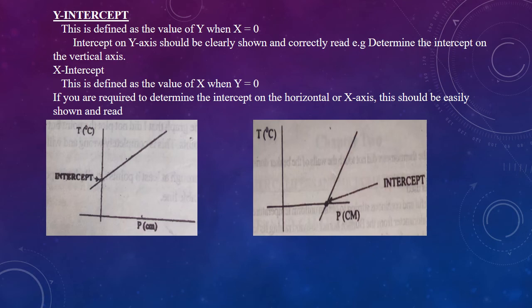So it will always be specified when needed that students should determine the intercept of the graph on the y-axis or the x-axis. When this is stated, it also gives students a guide that the line will cut the specified axis. So students must be careful at this point.